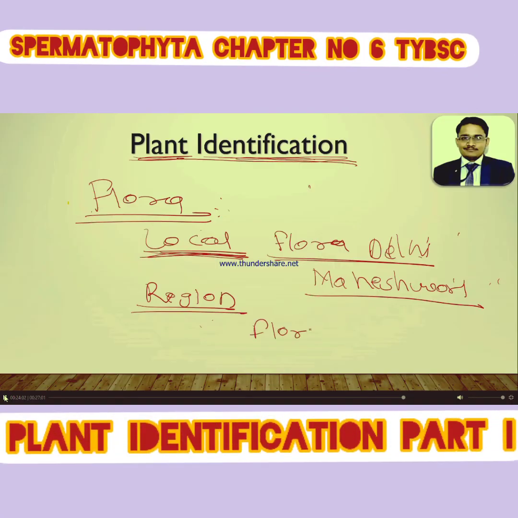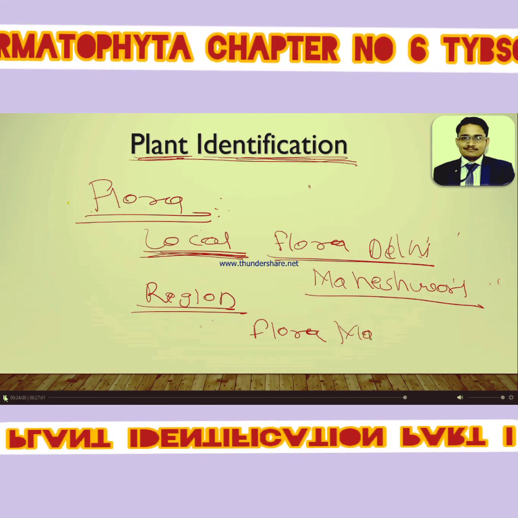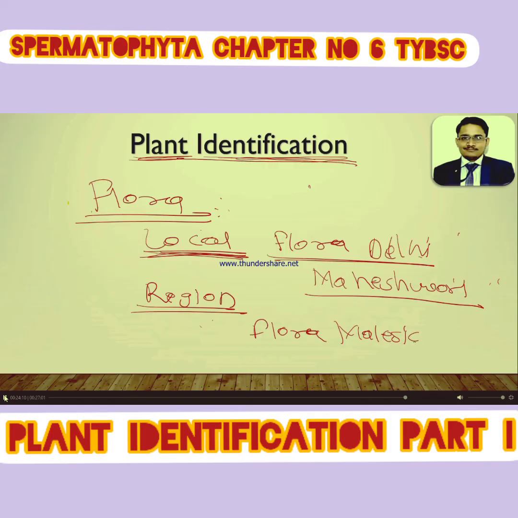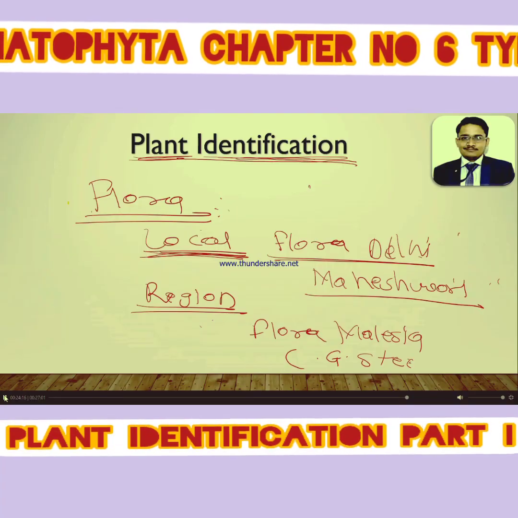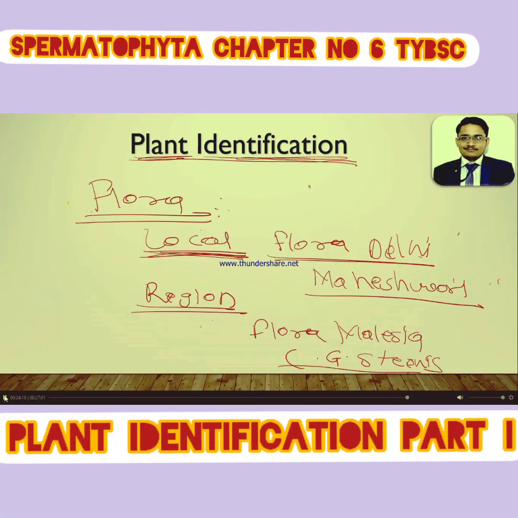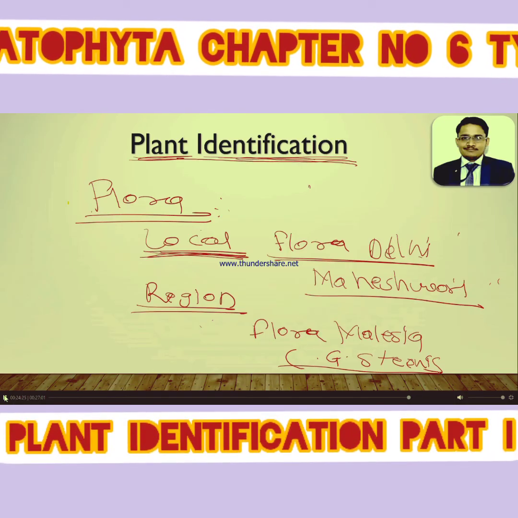Malaysia is a country with vast vegetation, so it is known as a regional flora. It is written by C.J. Steenis, the scientist who wrote the Flora of Malaysia. That is a regional flora.